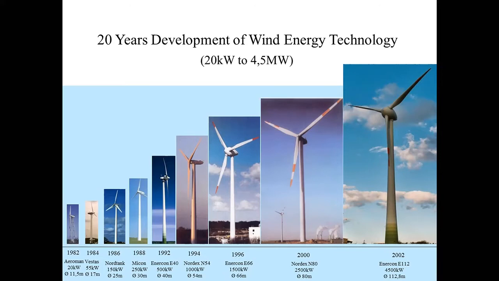It was a very strong development, and you can say about every 2 years we doubled the power output of the wind turbines. Until the 1 megawatt turbine, about 1994, we had dominating Danish concepts with stall regulated wind turbines and direct grid coupled asynchronous generators.